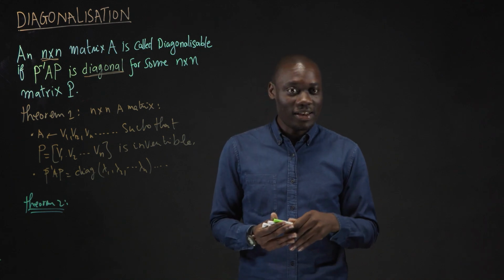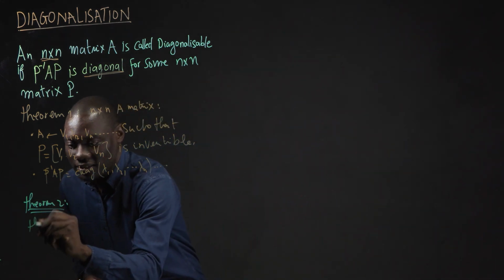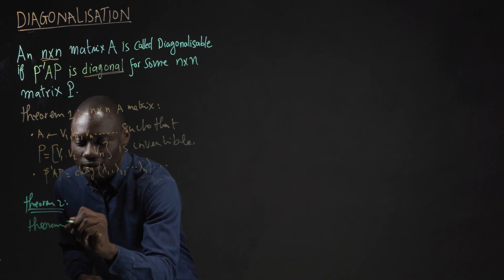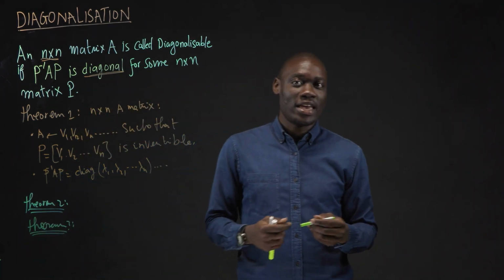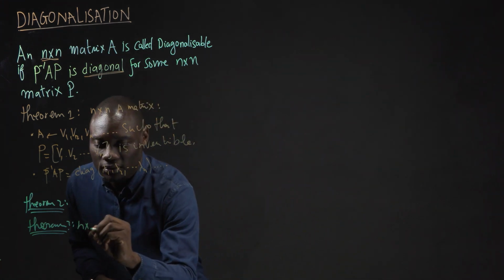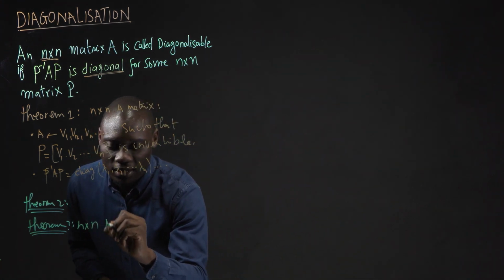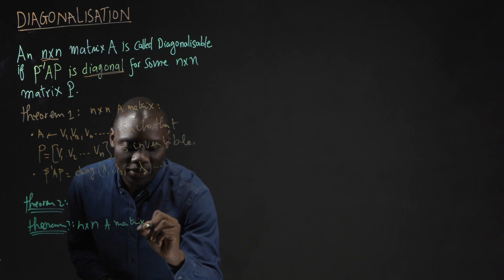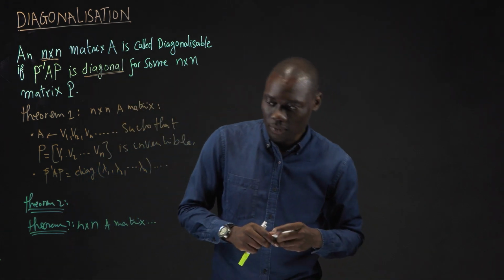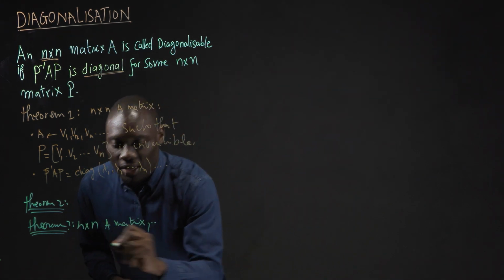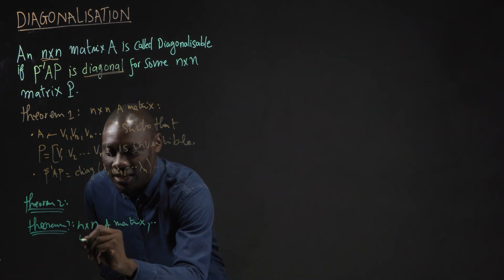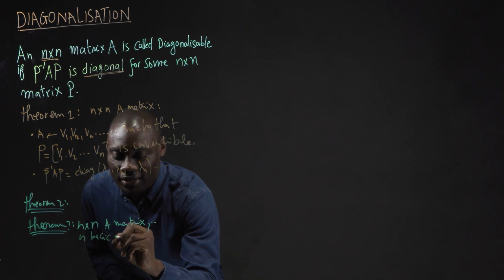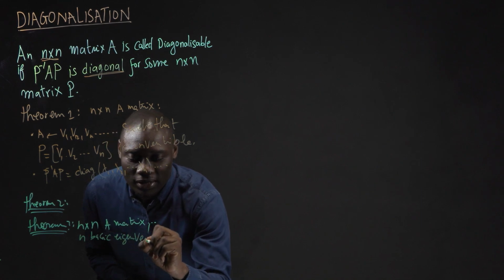And the last theorem, which is not the least, Theorem 3, says that a square matrix A, n times n, is diagonalizable if and only if it has n basic eigenvectors.